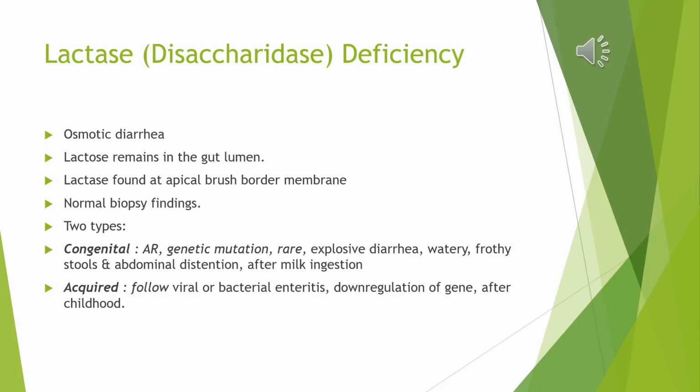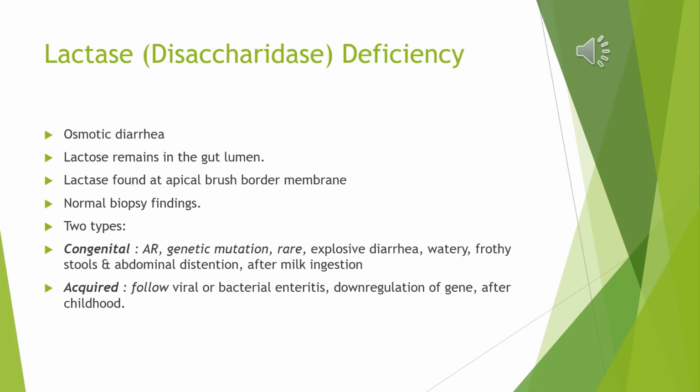The typical feature of this osmotic diarrhea is that it abates when withdrawal from milk and milk products is undertaken. So when the patient is ينقطع عن الملك and the milk products that contain the lactose sugar, the symptoms will abate and the diarrhea will disappear.